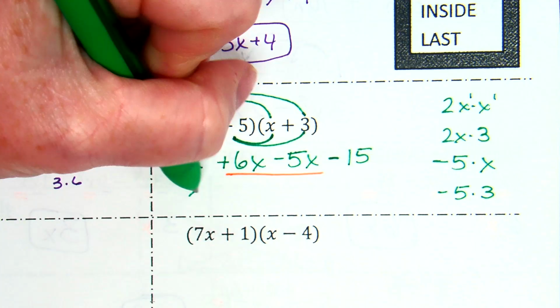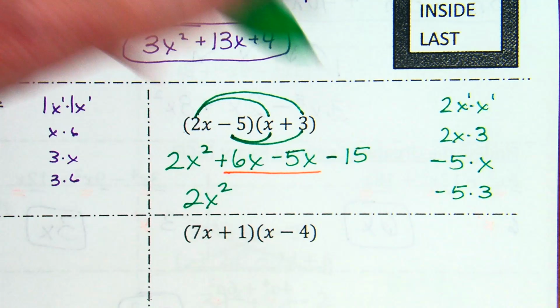What is 6x minus 5x? 1x. How am I going to write a plus 1x? Just x. You could write plus 1x, but Math Excel wouldn't like that.